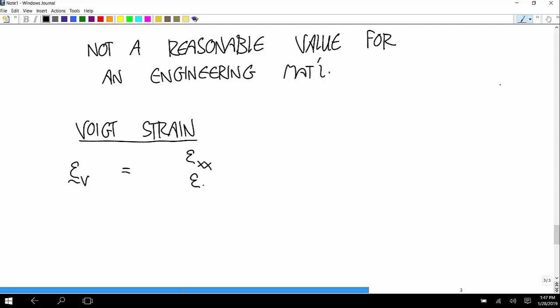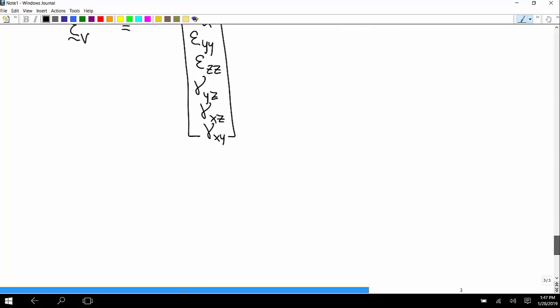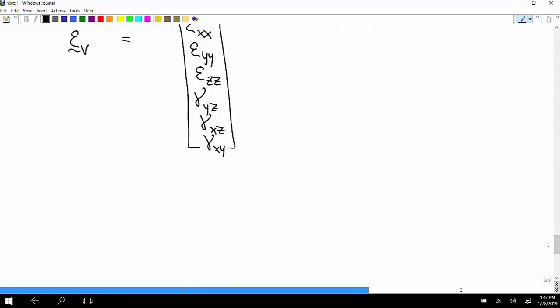Epsilon XX, epsilon YY, epsilon ZZ, like no one would ever choose a different order than that. And then gamma YZ, gamma XZ, gamma XY. Notice that that's the same order as the Voigt stress.